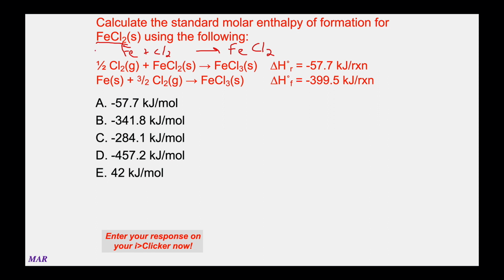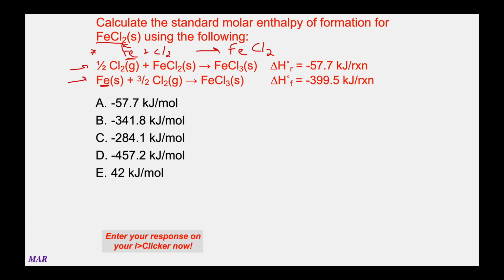So this is the desired equation, and we want to make these two equations look like the last one, all right? And you can see that right now that's a little confusing. What I look for on these kind of problems is, for example, we want iron as a reactant, and iron is a reactant right here.